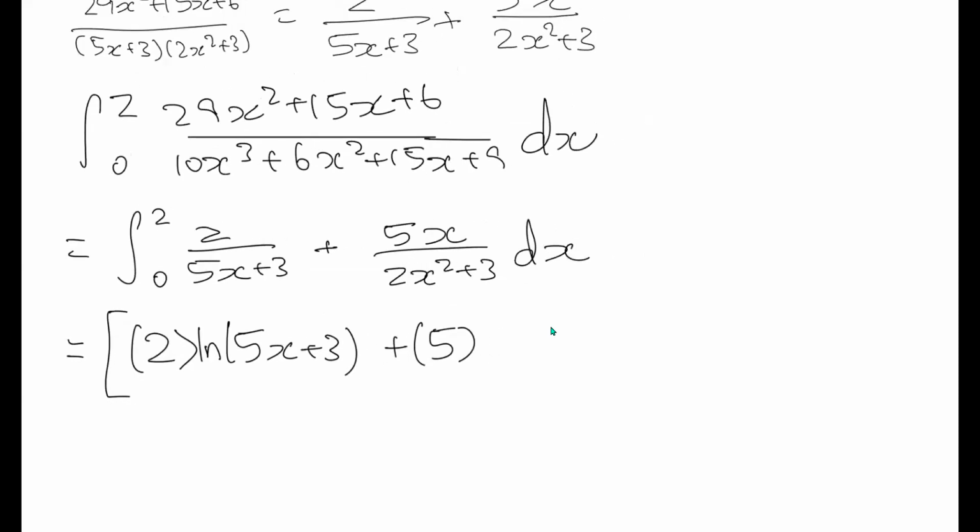But the idea here is that if you have a derivative, let's say you start off by differentiating this guy, ln of 2x squared plus 3. What do you get?